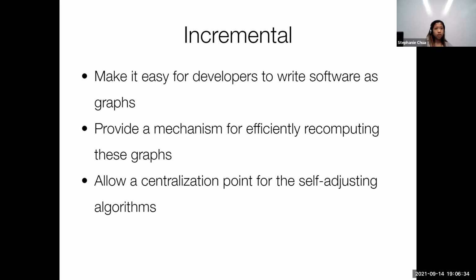This is important because it means that you're not duplicating the work between each system that you make self-adjust. So this means less duplicate code. It means it saves a lot of people's time.